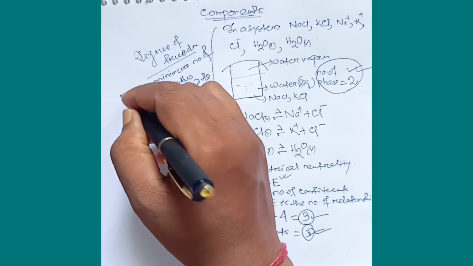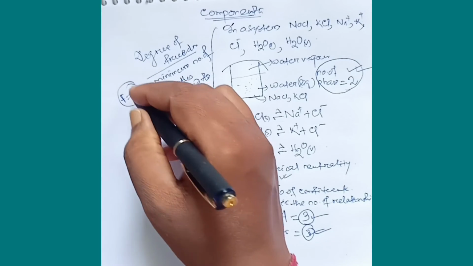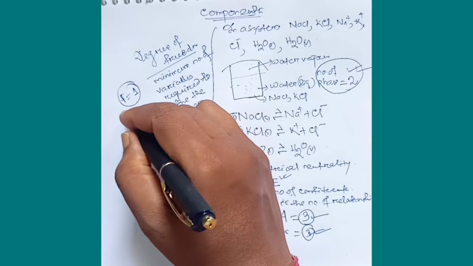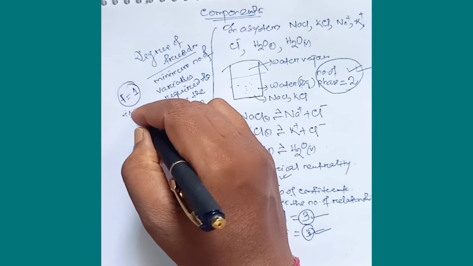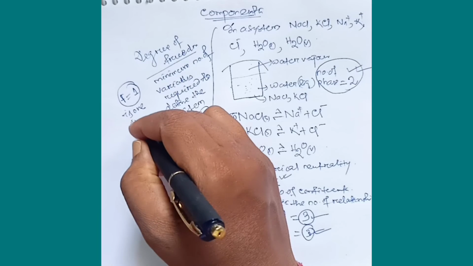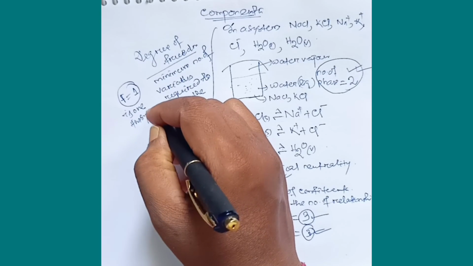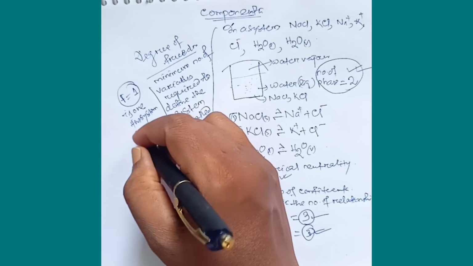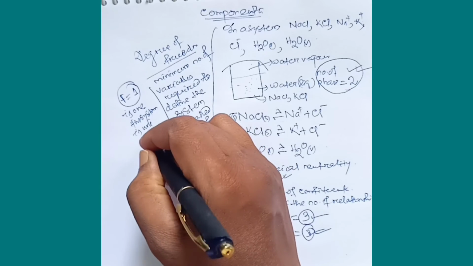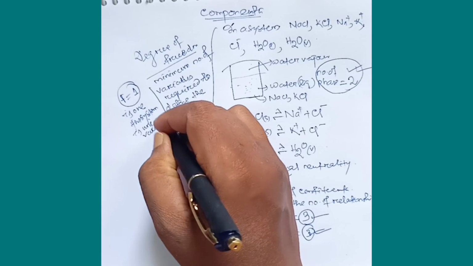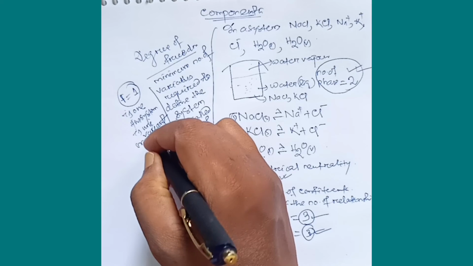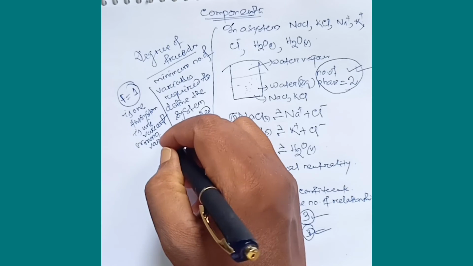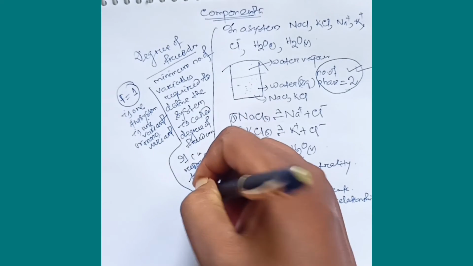If F equal to 1, that is, the degree of freedom is 1, the system is univariant or monovariant.